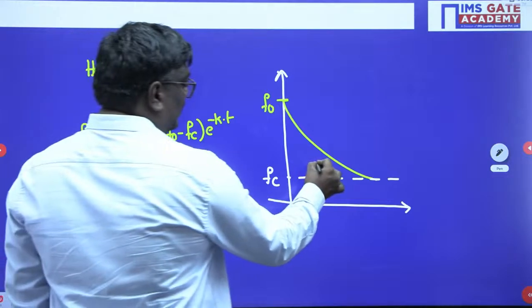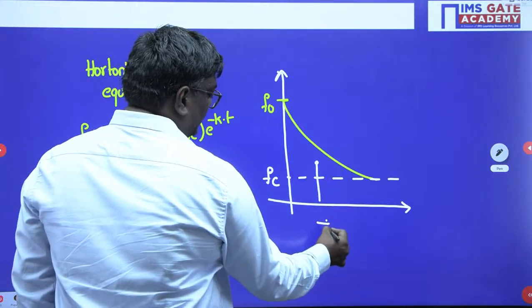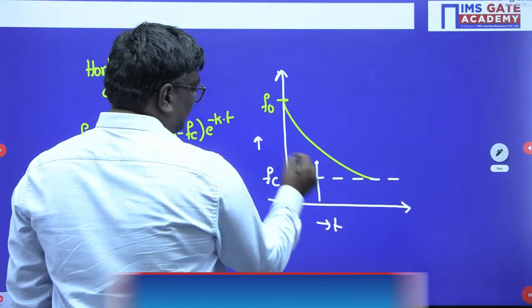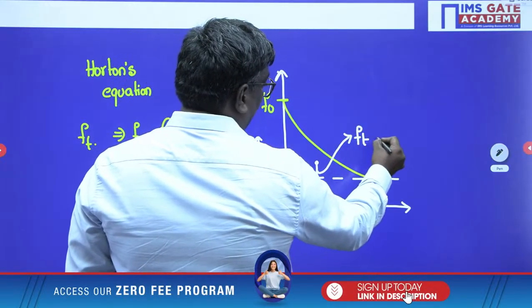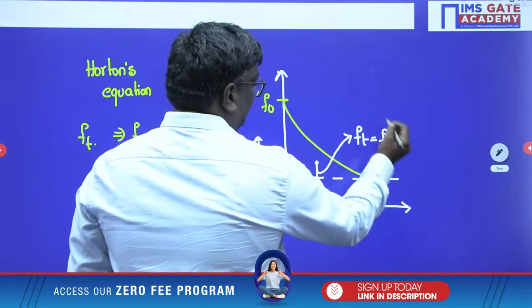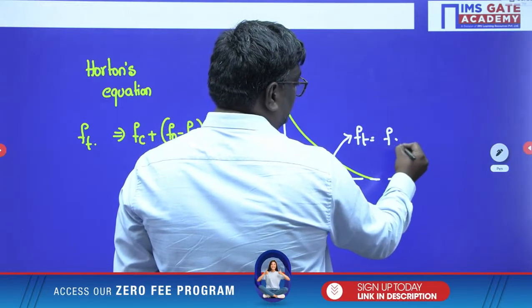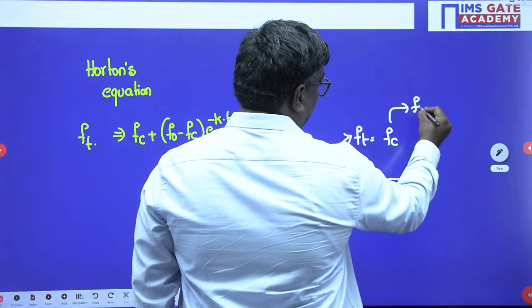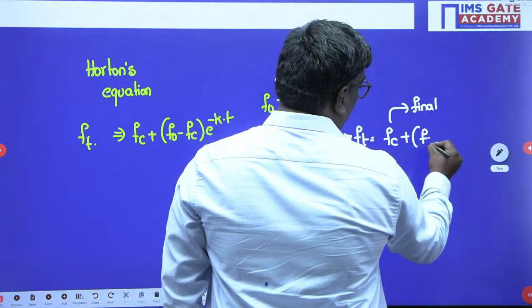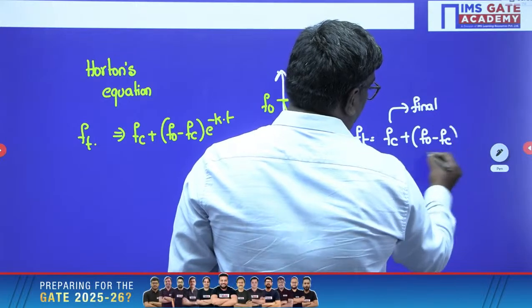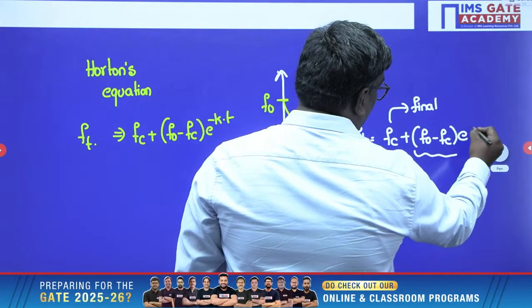If you want to find the infiltration at a time t, F of t is equal to what, sir? Fc, this is the final or constant infiltration rate, plus (F naught minus Fc) into e power minus kt.